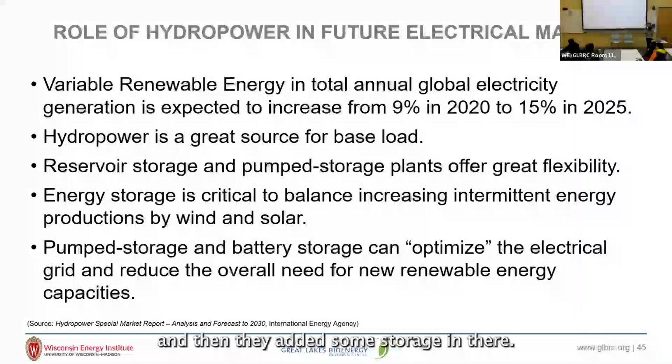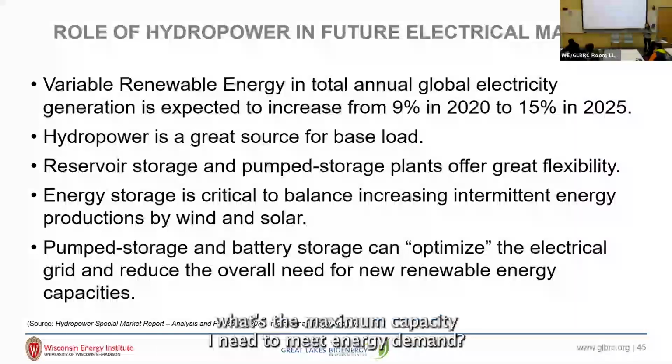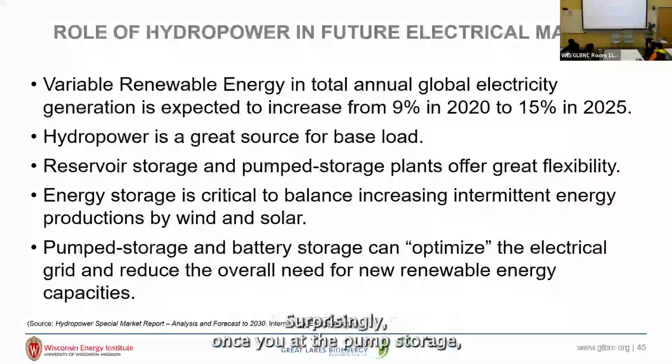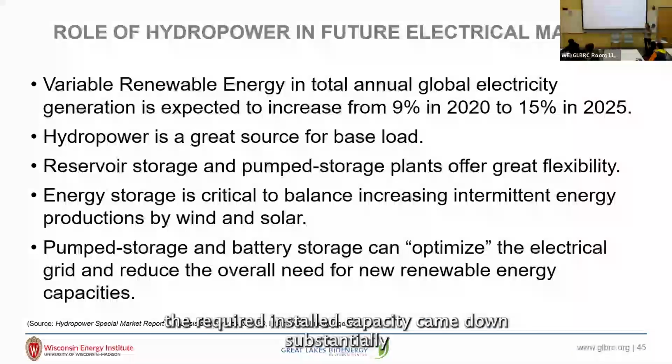And then they added pump storage in there and asked, if I have pump storage in addition to wind and solar, what's the maximum capacity I need to meet energy demand? Surprisingly, once you add the pump storage, the required installed capacity came down substantially.